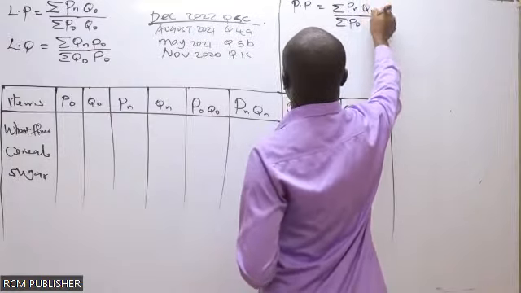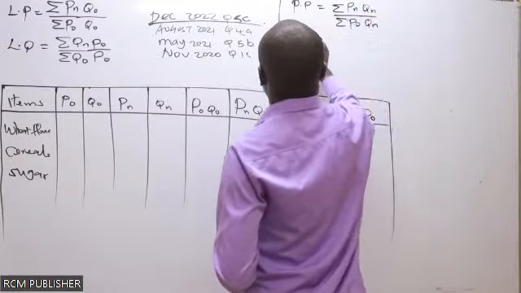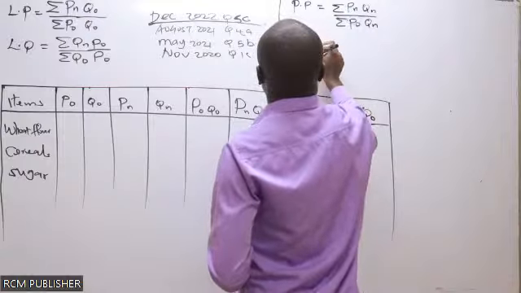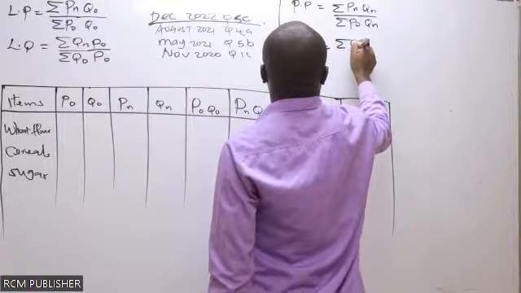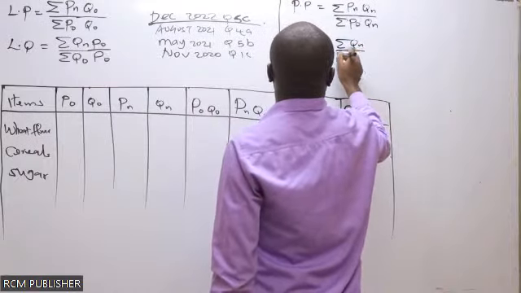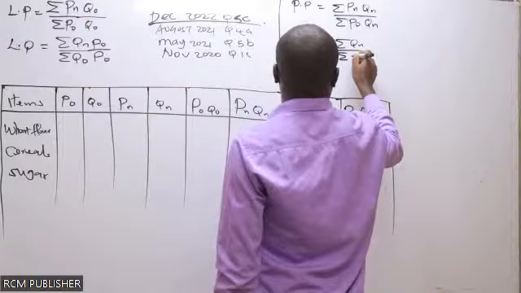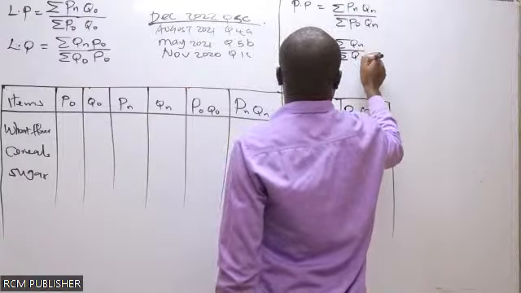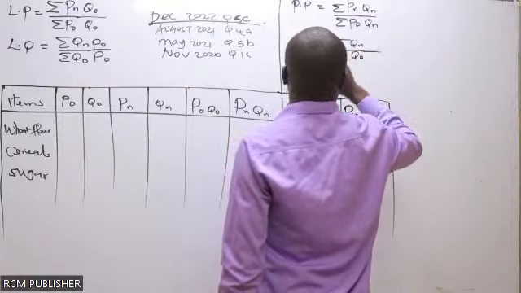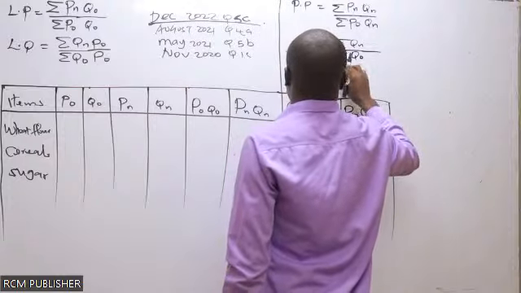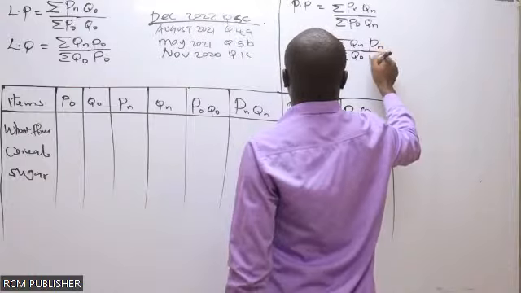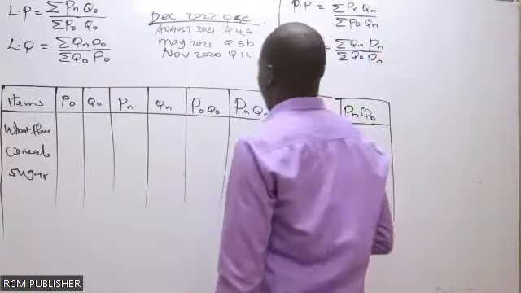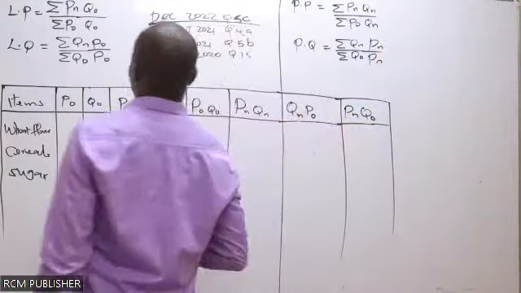We're going to have QN. We now want to get the quantity index: summation of Q of the current period over summation of Q of the previous period. We multiply by weight. That weight is going to be the price of the period of interest. That is what we need to know.